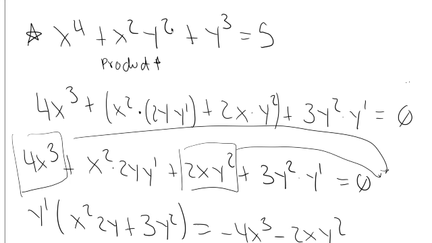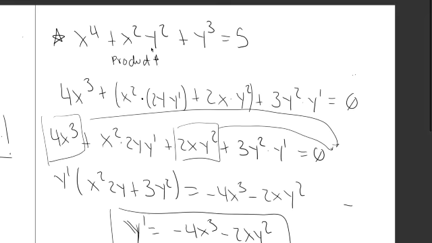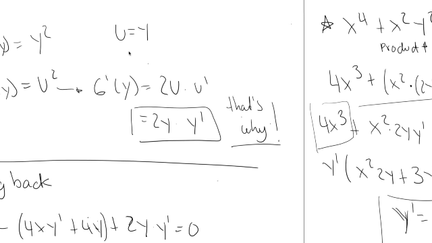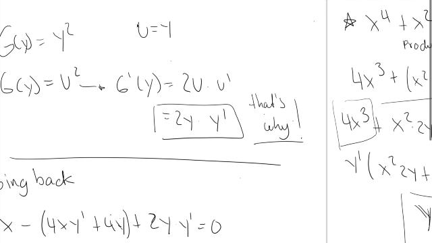But remember that the derivative of the second one, y squared, if you remember what we did last time, with the chain rule, is going to be 2u multiplied by u prime, which is 2y multiplied by y prime.